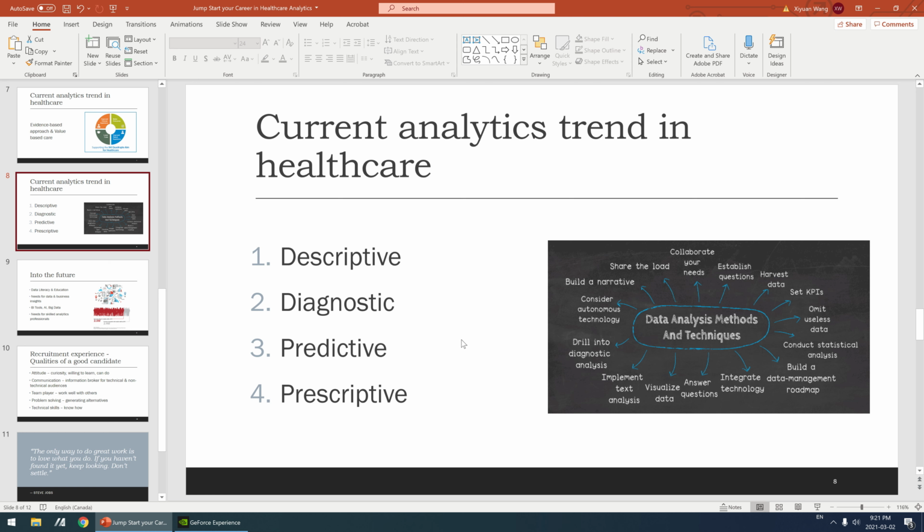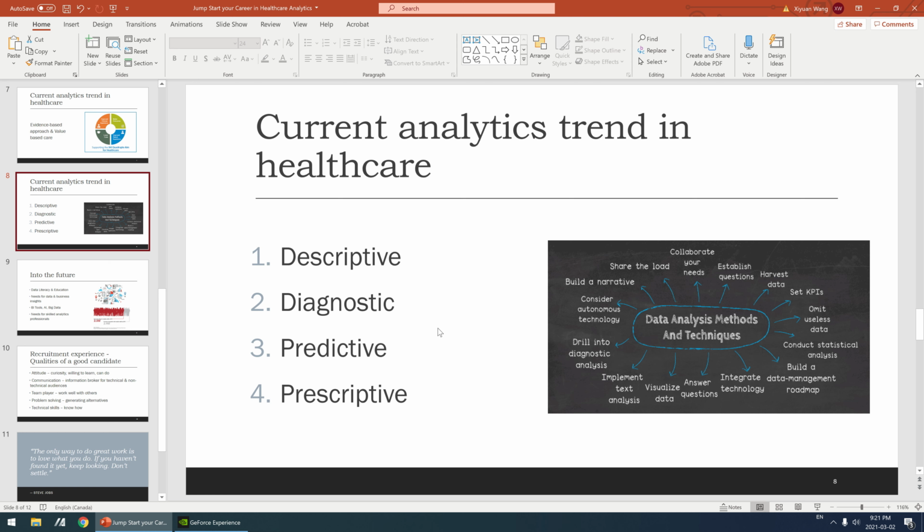This is where the majority of healthcare facilities are, and there's still a lag in moving from one level to the next. The majority of healthcare organizations are still struggling at level number 2.